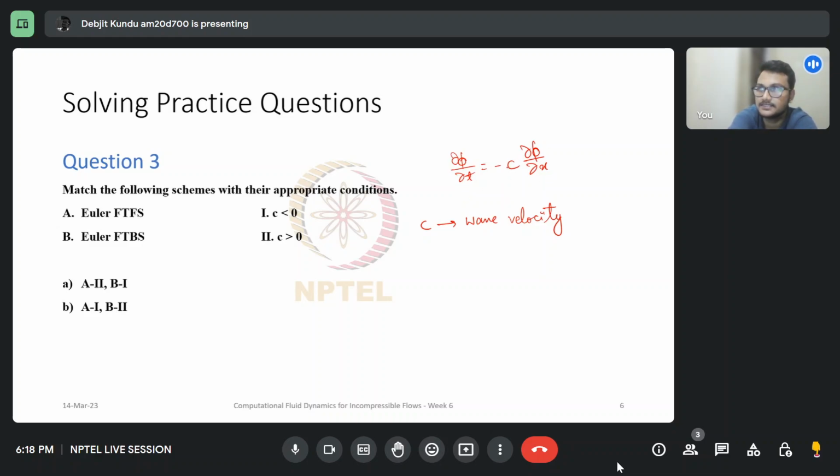Here c is this c, wave velocity. Now, in which condition which scheme is appropriate? So Euler FTFS and Euler FTBS are appropriate for which situations? If wave velocity is less than 0 or wave velocity is greater than 0. This basically means what is the direction of flow, whether from left to right or from right to left.